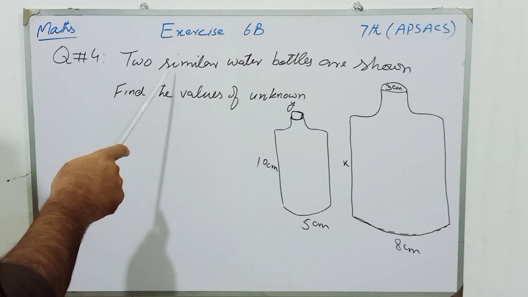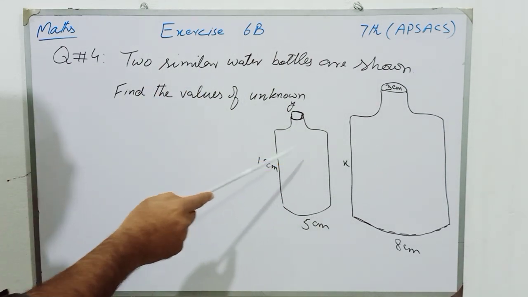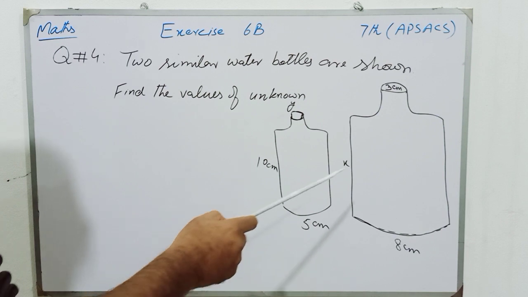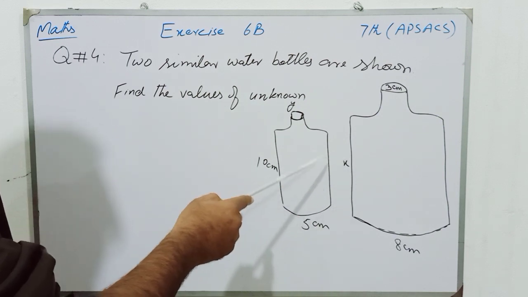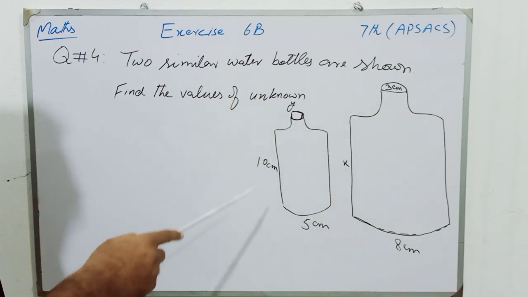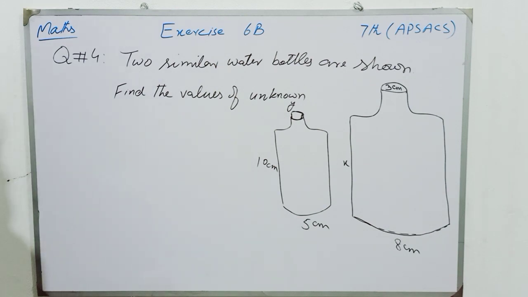Students, question number 4 of the same exercise. There are two water bottles that are similar bottles, and we have to find the values of the unknowns. Students, keep in mind that if these two bottles are similar, then the top of both the bottles, height of both the bottles and base of both the bottles will be in the same ratio.